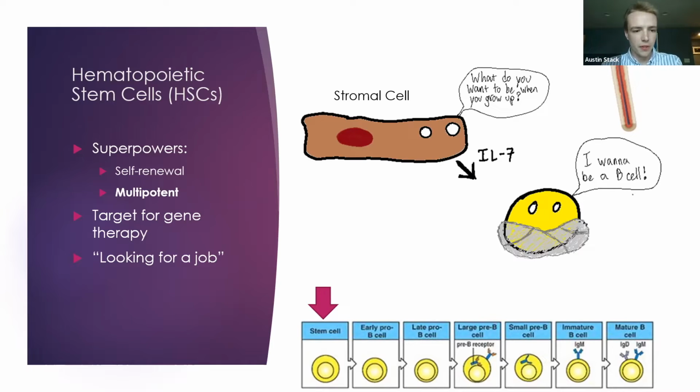Let me talk about the idea of being multipotent. So multipotent means it's able to take on several different jobs. And that's why looking for a job is in quotes.